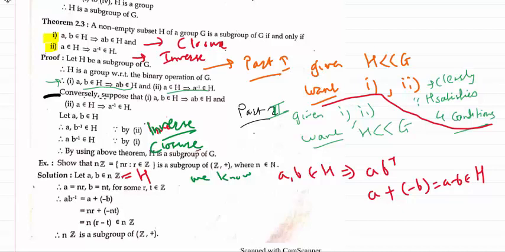So we succeeded in expressing AB inverse as n into some integer, so it must belong to NZ. That's why NZ is a subgroup of Z under addition. So in this way we have to prove it.